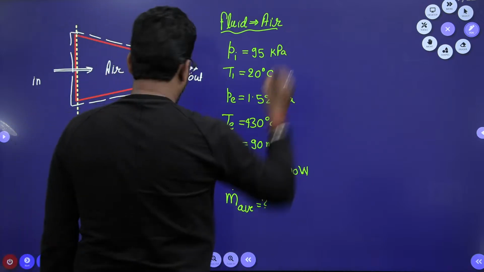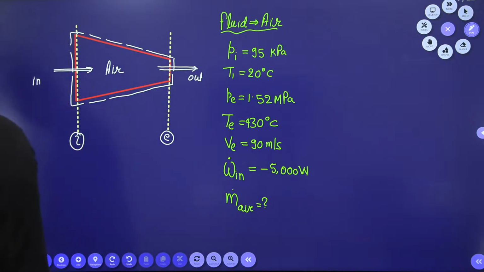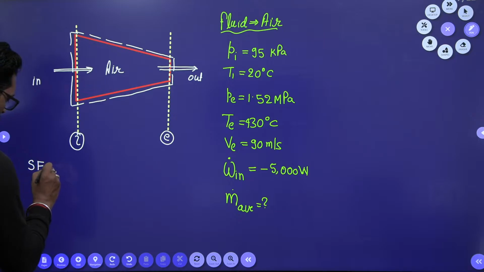So start with the steady flow energy equation. What is that, beta?